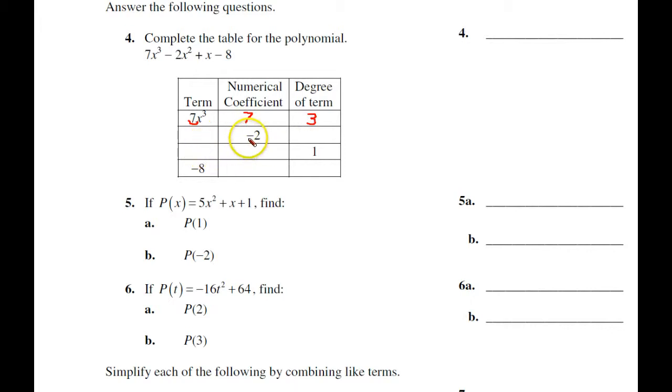Now, for the one that has 2, the numerical coefficient is -2, and the term is -2 x squared, and its degree is 2.